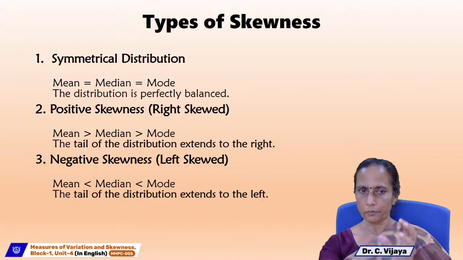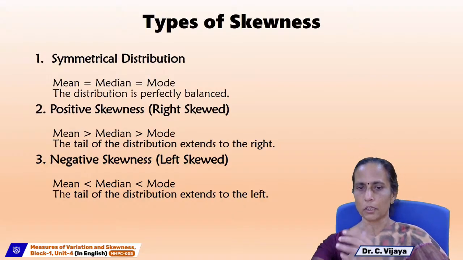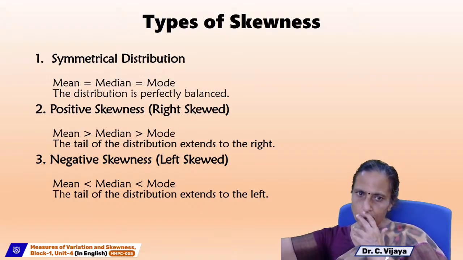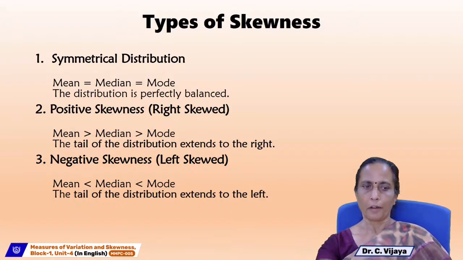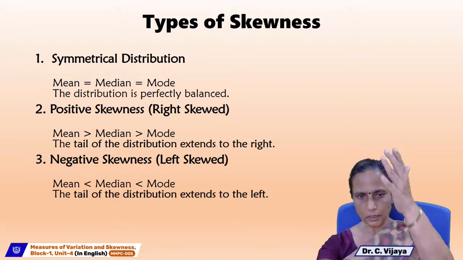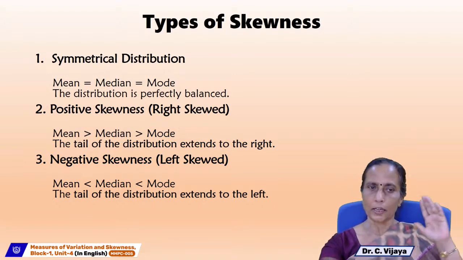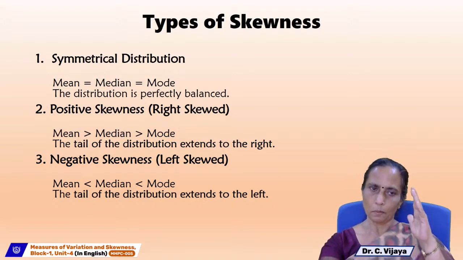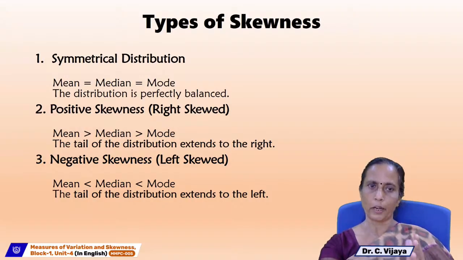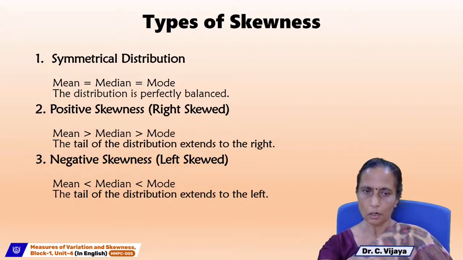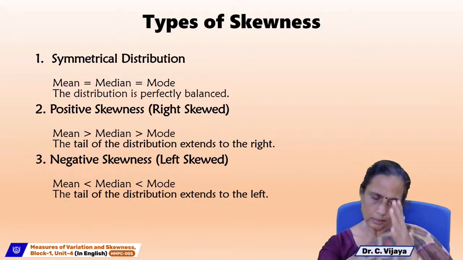In case of positively skewed, the tail of the distribution extends towards the right of your mean, whereas in the case of negatively skewed, your tail of the distribution extends to the left. In case of positive skewness, your mean is more than median and median is more than your mode. And in case of a negatively skewed distribution, your mean is less than median is less than mode.